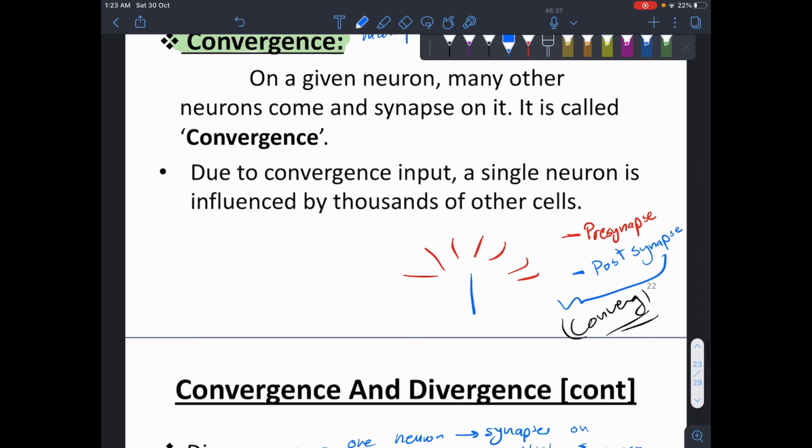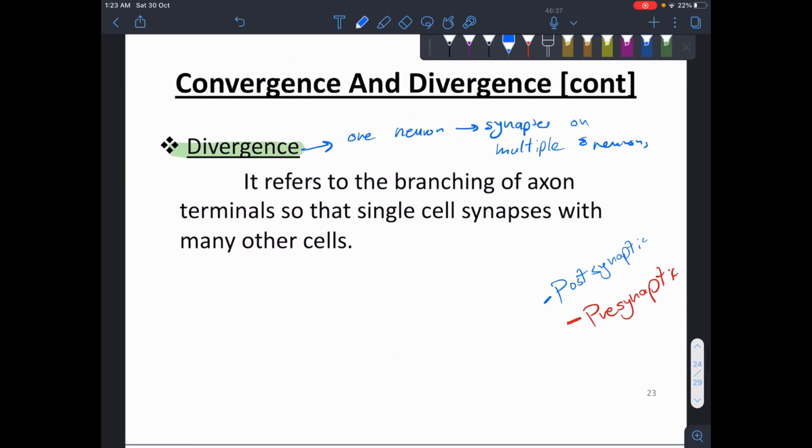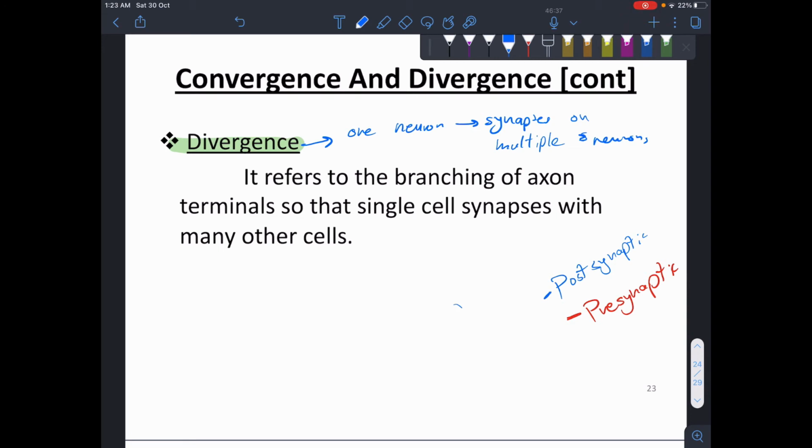بس عشان تفهمون علي, أنا قاعدة أمثل إن النيورون هو يخطوط, تمام؟ In the convergence situation عندي presynaptic كثير قاعد يأثر على one postsynaptic. هنا العكس, one presynaptic neuron, one synapses on multiple neurons.